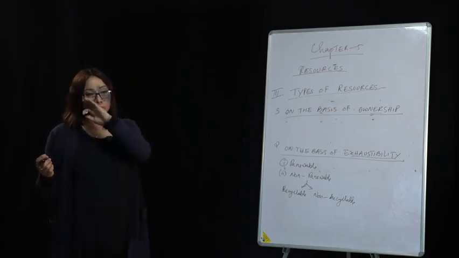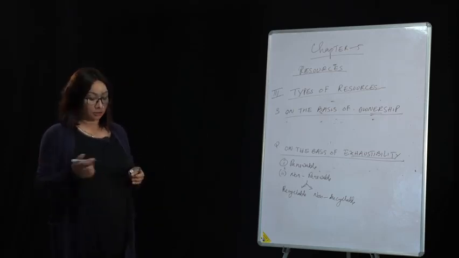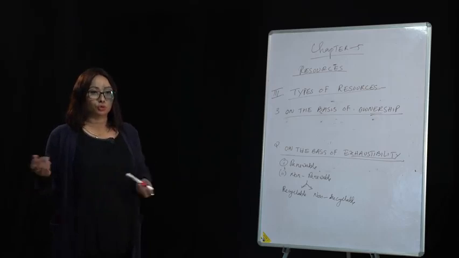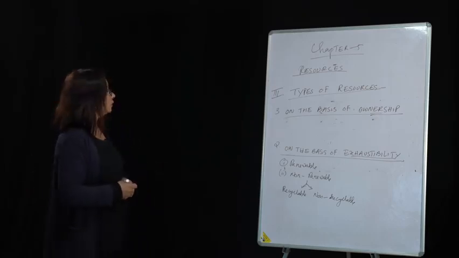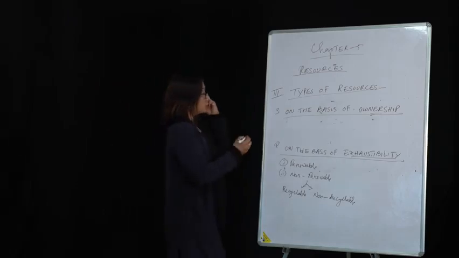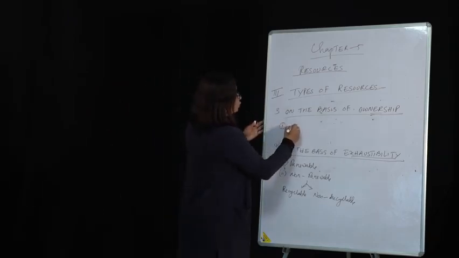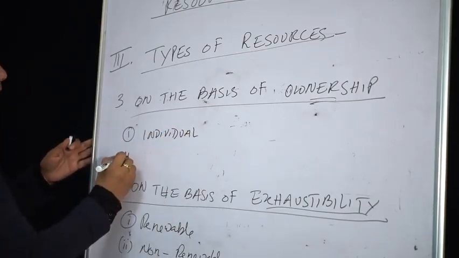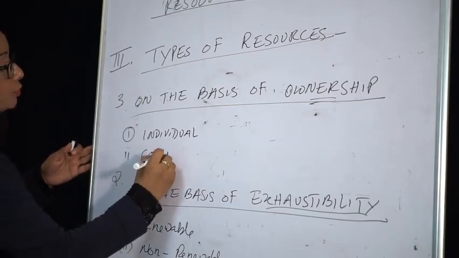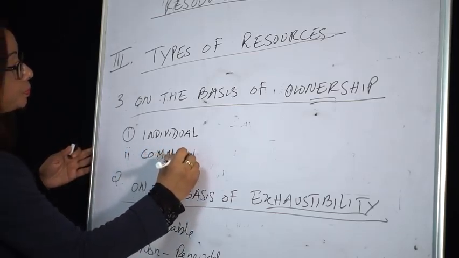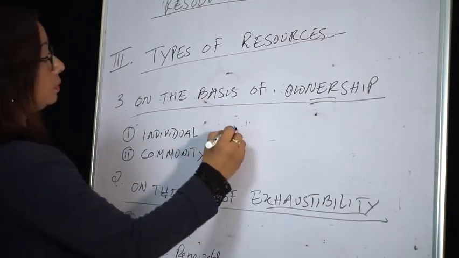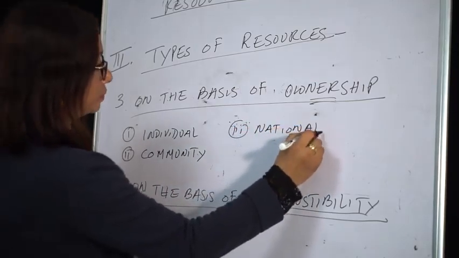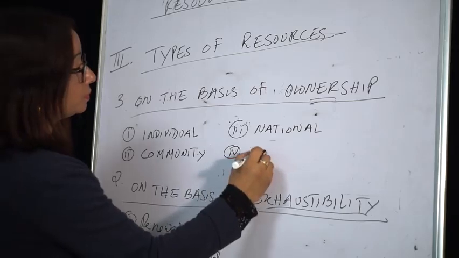Who owns it? An individual private person owns it. A community owns it. A nation owns it. Or many countries, the international community, own it. So on the basis of ownership, we classify resources as individual, community, national, and number 4, international.